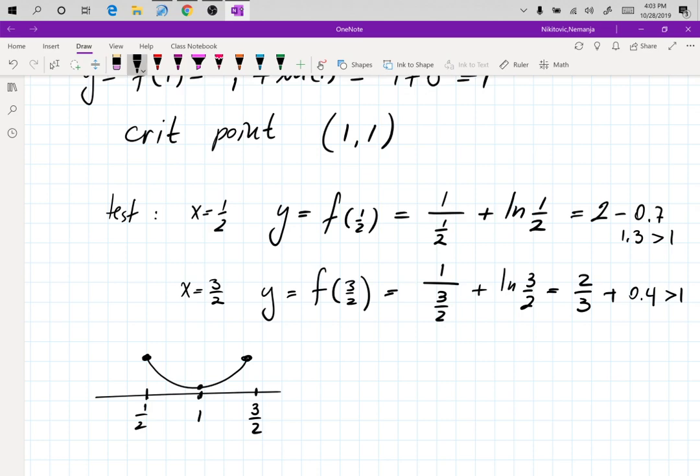So that's how I know that (1, 1) is a minimum, by computing the 2 points, one to the left, one to the right. Again, very simple, but annoying because you have to compute these things now. Later on, you will actually get min and max for free.